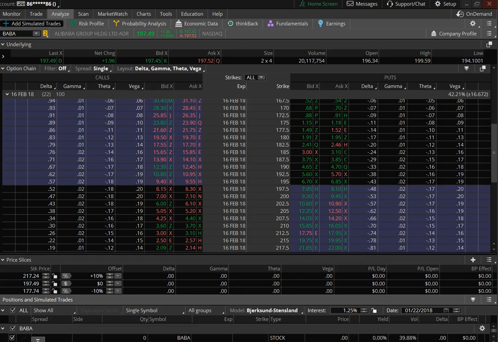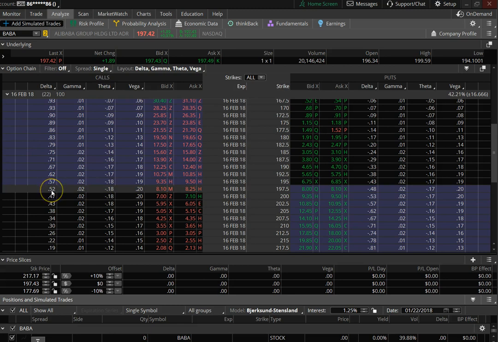The first thing it tells you is how much the option premium is going to move based on a $1 move in the underlying. Let me say that again. It tells you the actual dollar amount the premium is going to move if the underlying stock goes up by $1.